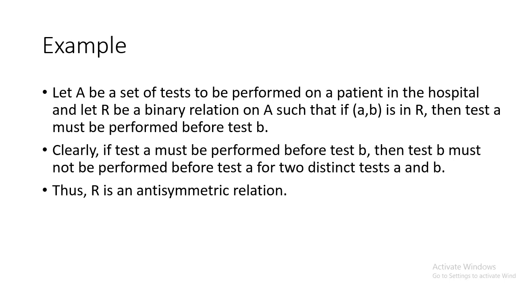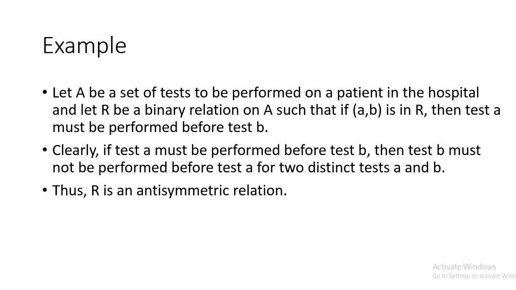Clearly, if test a must be performed before test b, then test b must not be performed before test a for two distinct tests a and b. That's why R is an antisymmetric relation.